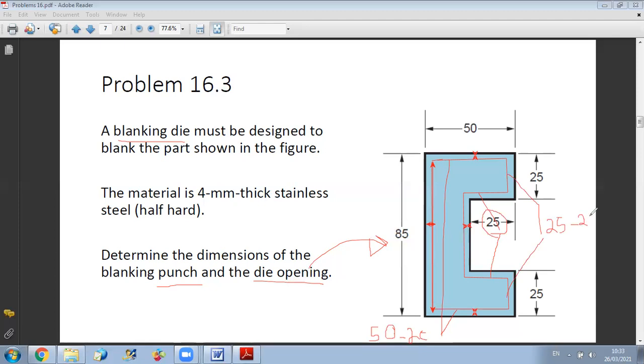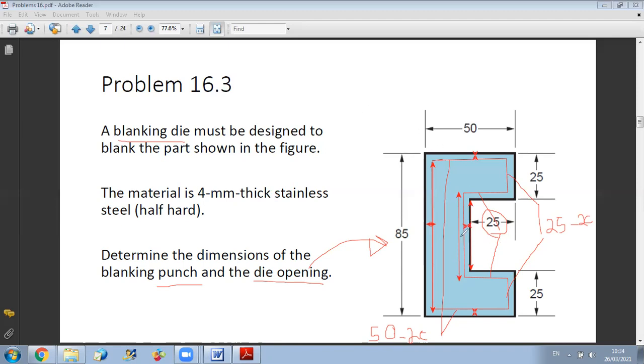And here, this length is 35, because you can calculate it as 85 minus 2 times 25. But there is no need to determine it. Why? Because once you impose 85 and 25, 25, it's enough. No need to put this dimension on the figure. Anyway, I will just put it.